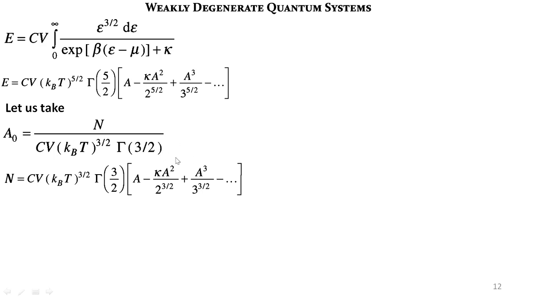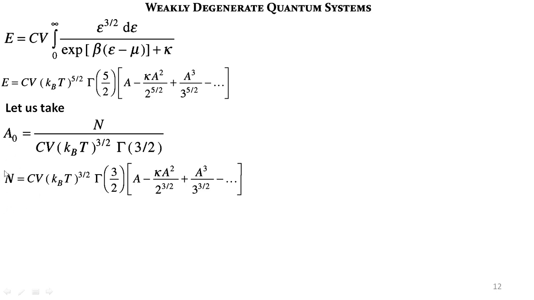Fine. And what will be left on the right hand side? It will be A minus kappa A square over 2 raised by 3 by 2, and so on, right? So this right hand side is something we can say is related to fugacity or degeneracy, correct? So the left hand side also has to be something related to degeneracy.